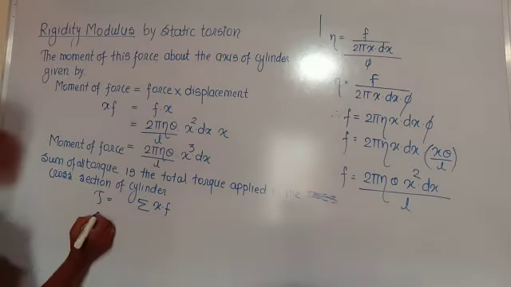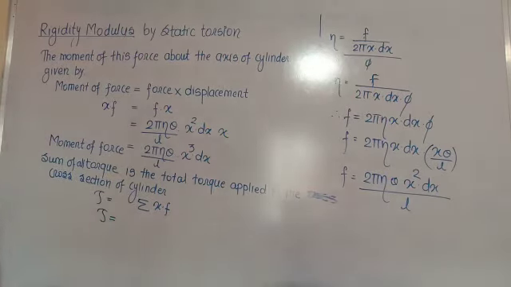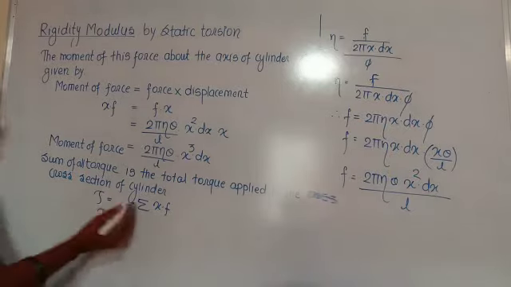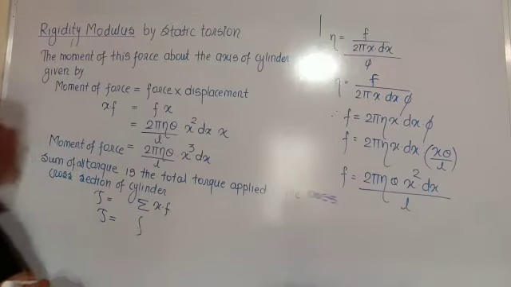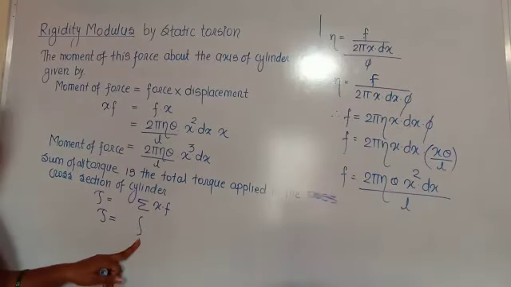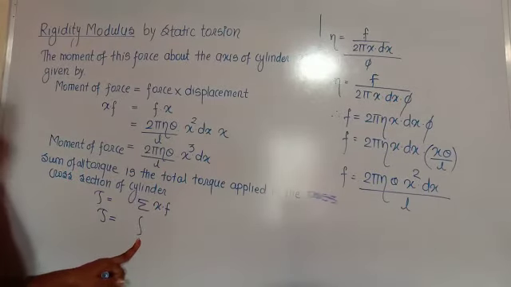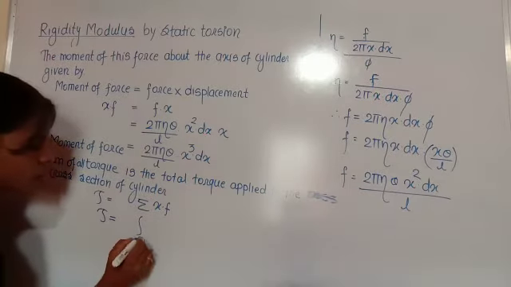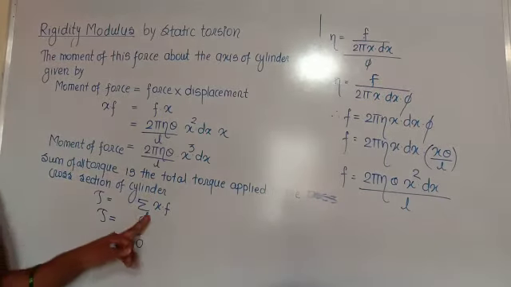This summation is nothing but the integration sign. But what is the limit of this integration? The limits are 0 to the total radius R of the cylindrical rod.